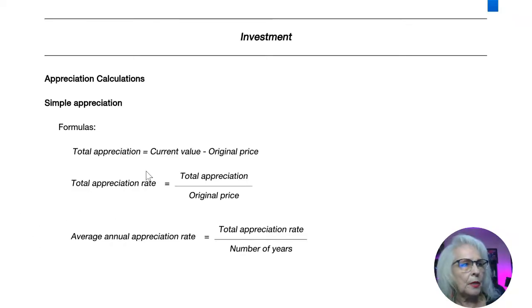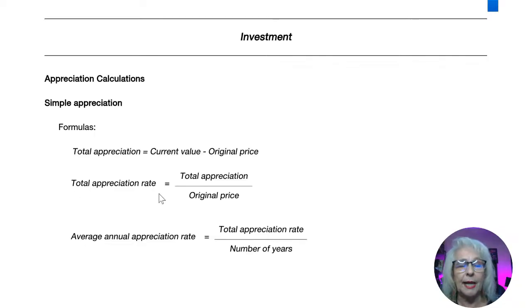Okay, the current value: let's say you bought a home 5 years ago, 10 years ago. The current value is today's market value. You can determine it through a comparable or an appraisal, minus the original price when it was purchased.